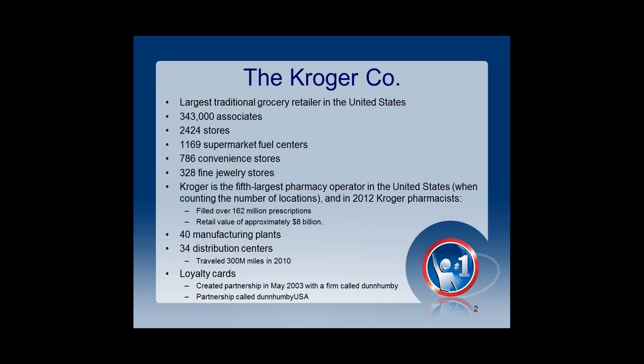We have the Fred Meyer jewelry stores. We have a lot of exposure in that area. Pharmacy, manufacturing plants. We've got like 34 distribution centers, and part of my job here for the last several years has been improving the operations in our distribution centers, and I've probably touched every one of those.